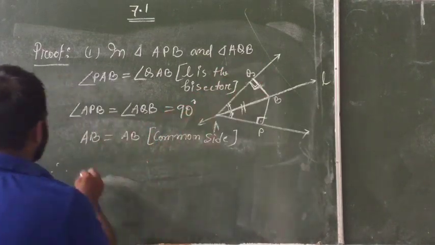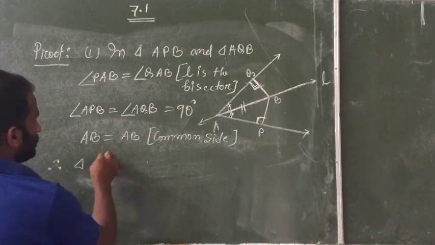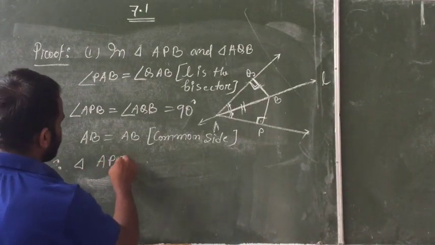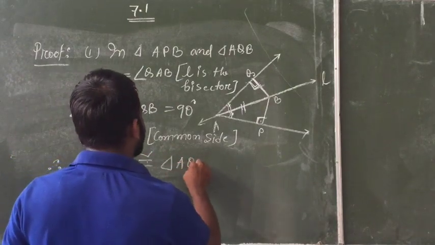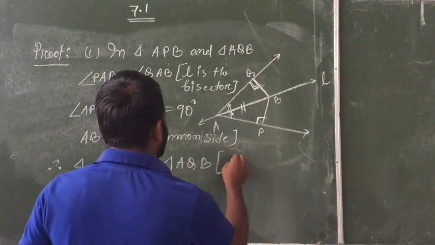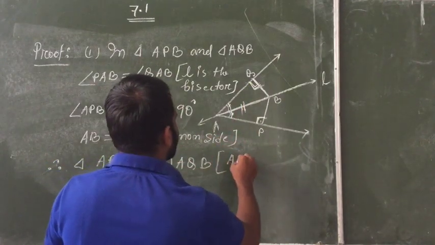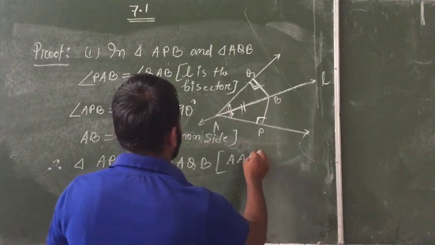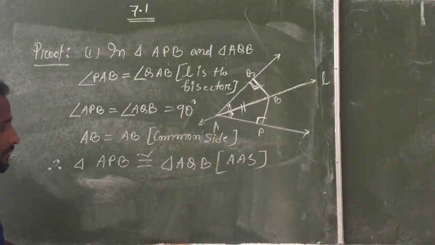So by that criteria, triangle APB is congruent to triangle AQB by the criteria AAS or SAA. So these two triangles are congruent.